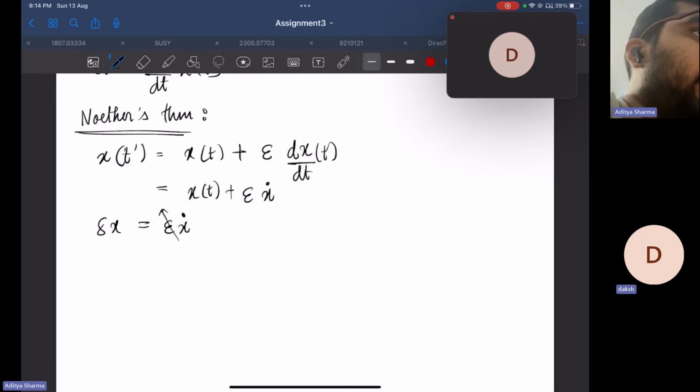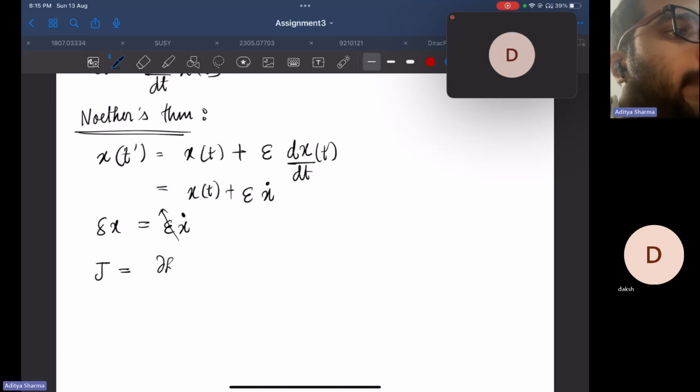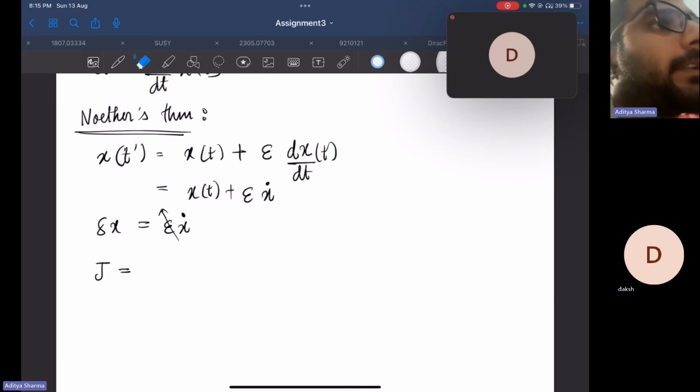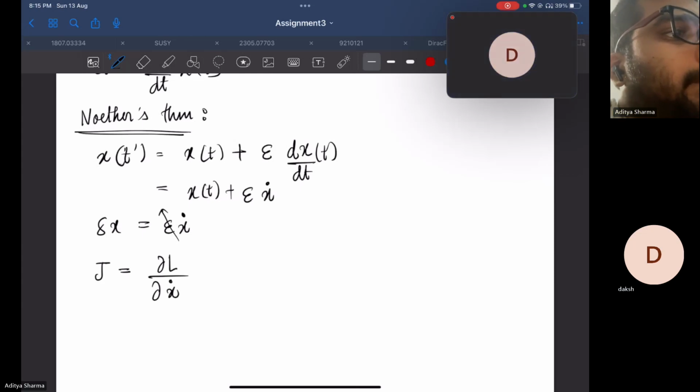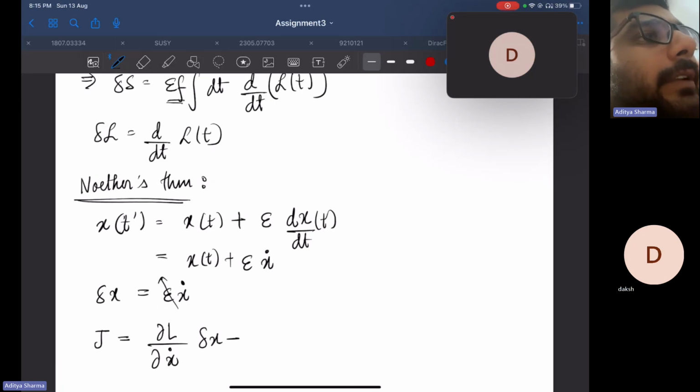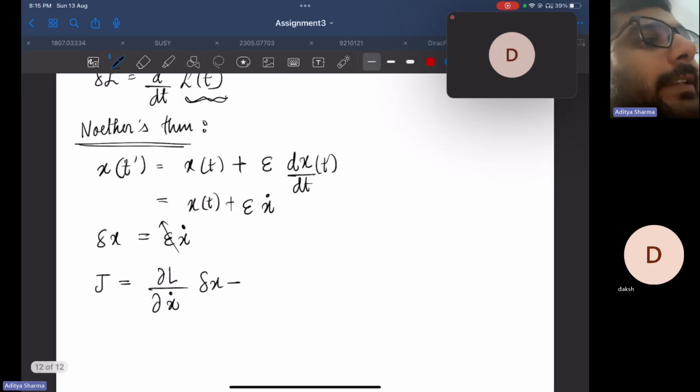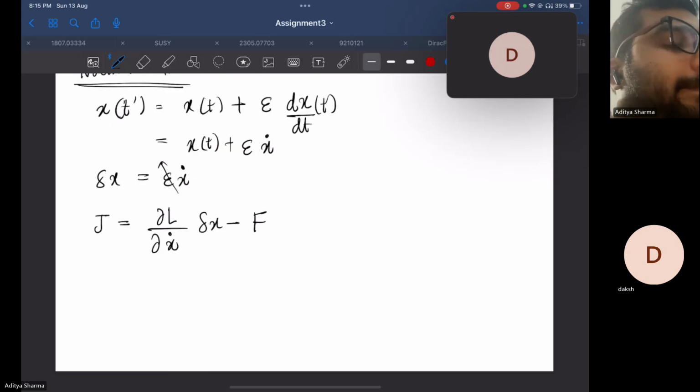Remember, in classical mechanics, Noether's theorem says that you will have a conserved quantity J, which is equal to dou L by dou x dot times delta x minus this function, whatever d/dt of whatever function that is, minus f.